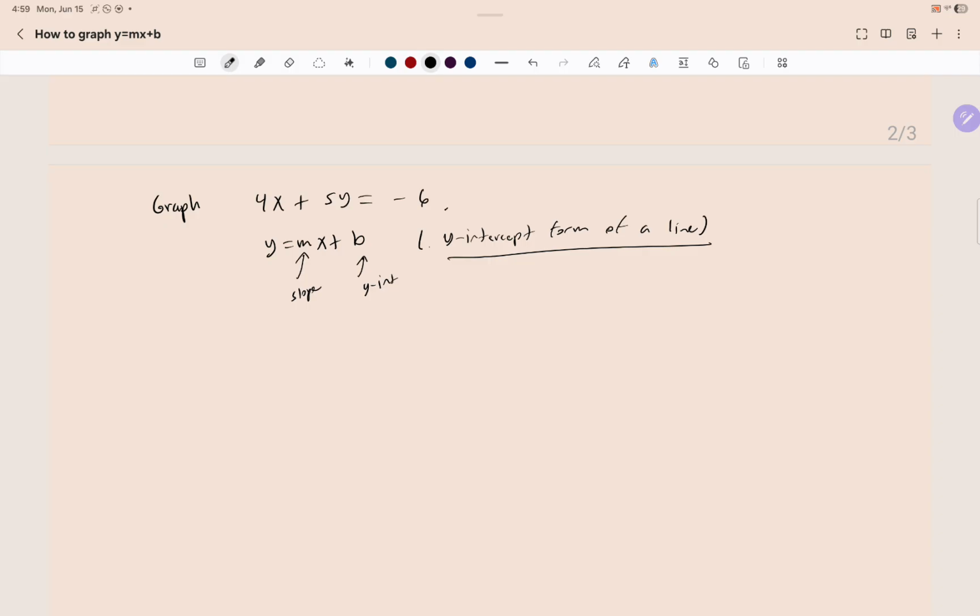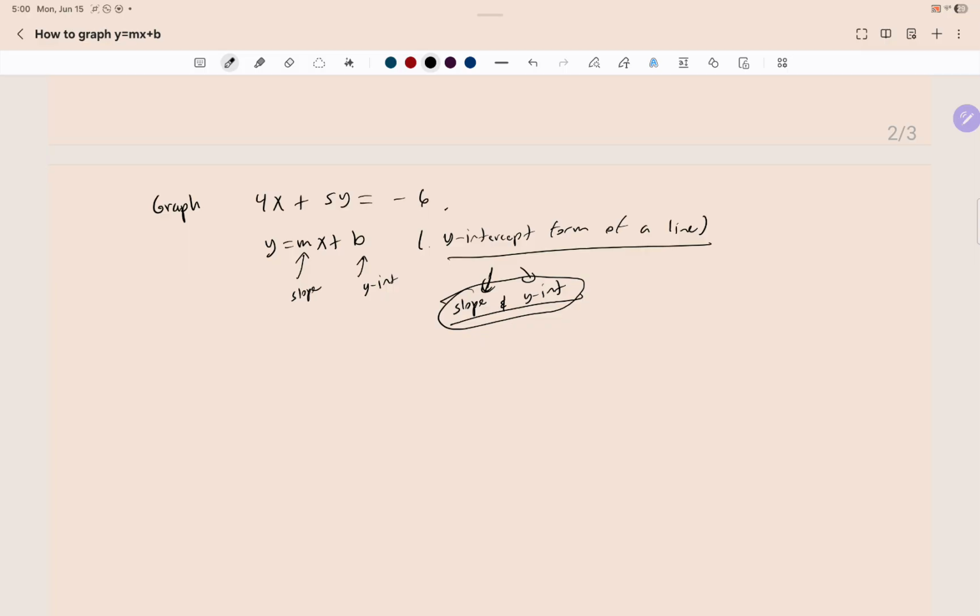Using these two ideas, we know everything we need to know about a line. A line is characterized by its slope and its y-intercept, because anything we need to know about a line can be found using these two things.